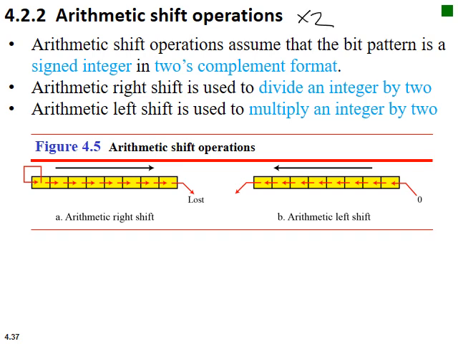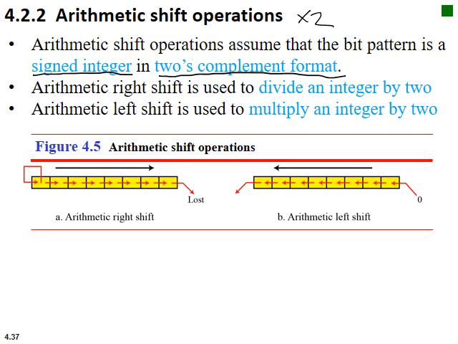The arithmetic shift operations assume that the bit pattern is a signed integer. So for arithmetic operations, we assume it's a signed integer. For logic operations, we assumed it's an unsigned integer. And what's more, it's in 2's complement format. So remember we did 2's complementing in chapter 3. So you must do a bit of revision again to remember how that works. We're going to use it just now.